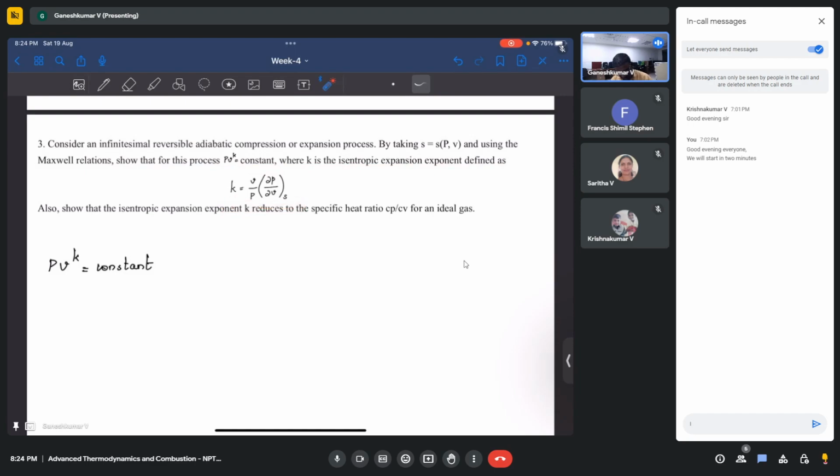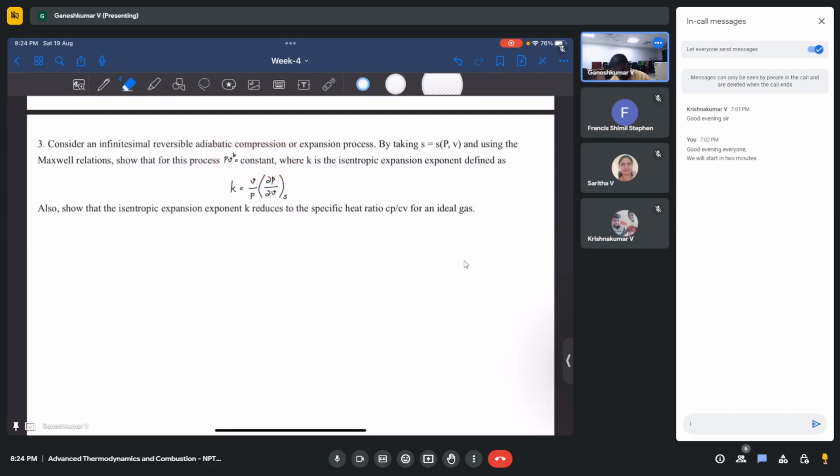This is how gamma is defined basically, but we used to write Cp by Cv, right? That is true for an ideal gas. If not, this is the general formula. So the isentropic exponent K reduces to the specific heat ratio Cp by Cv for an ideal gas. So we were asked to show that the process really is PV to the power gamma equal to constant.